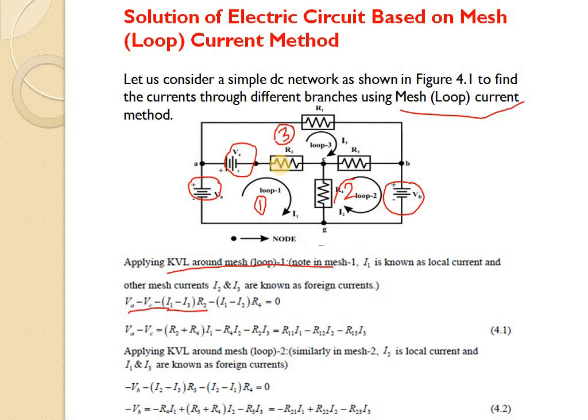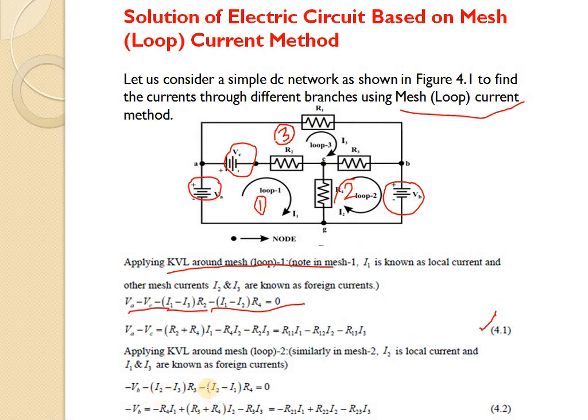So the drop will be R2 into (I1 minus I3). Similarly, the drop across R4 will be (I1 minus I2) into R4, and all of that equals 0. Calculating this, we get equation 4.1.